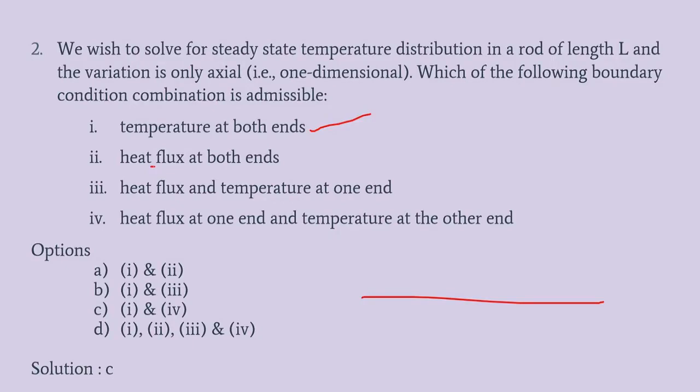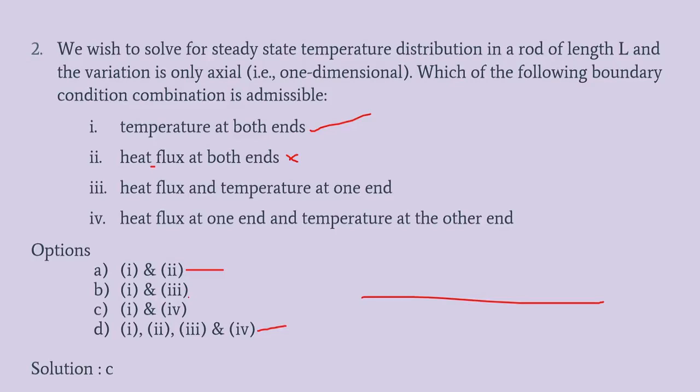If you are going for a Fourier heat equation, the heat flux is the derivative of a temperature. So heat flux cannot be possible at any end. So from here itself, the options A and D will be eliminated. Then the only options left are B and C.